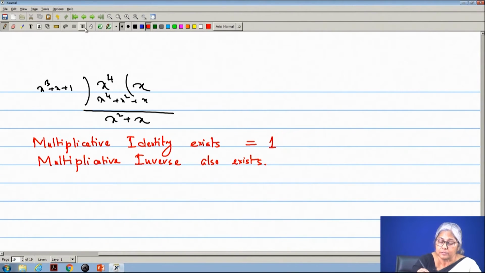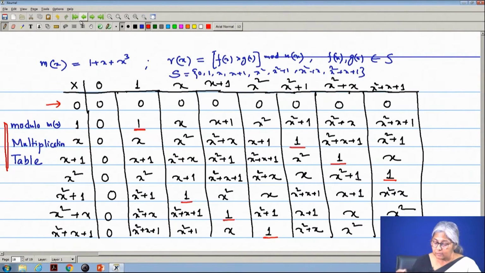Like if we see, for 1 it is 1, for x the multiplicative inverse is x square plus 1, for x plus 1 the multiplicative inverse is x square plus x, because x plus 1 into x it is 1.